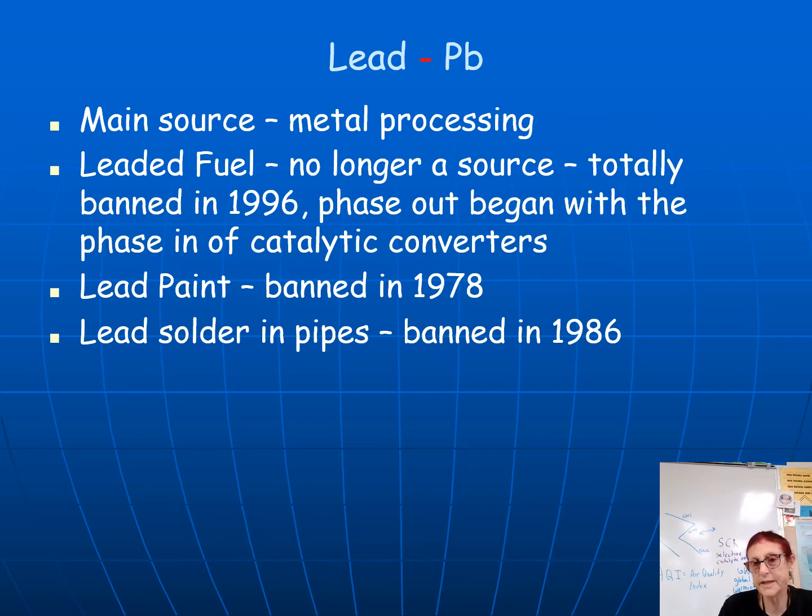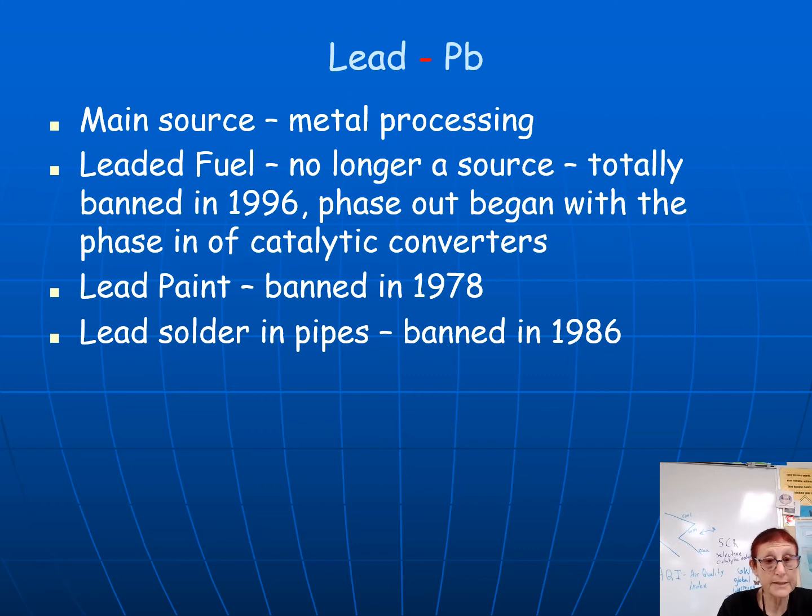So lead was phased out from fuel because of the fact that it poisoned the catalyst in the catalytic converter. It would make that device useless. And as you can see from your outline, it was totally banned in 1996 from fuel. I believe aviation fuel can still have some lead content in it.